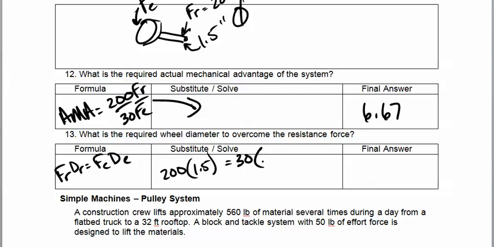So what is the diameter then of the wheel? Sorry, I got to punch things into the calculator correctly. In this case, we found the diameter to be 10 inches.